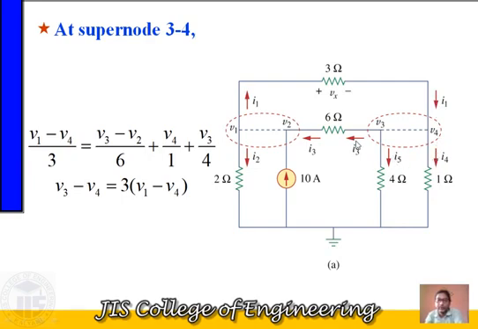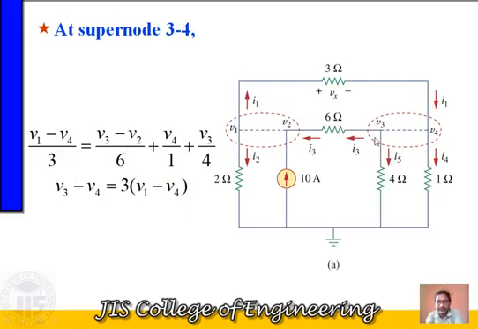In place of I1, originating from V1 to V4, we can write (V1 minus V4) divided by 3.